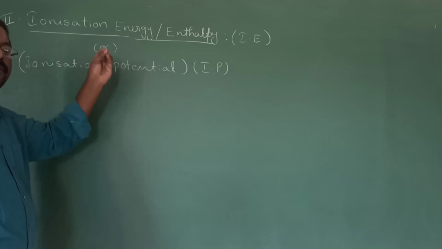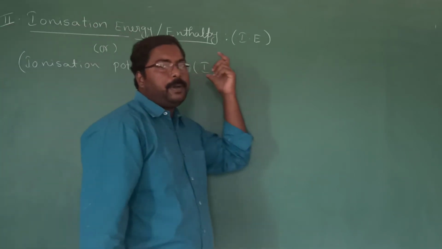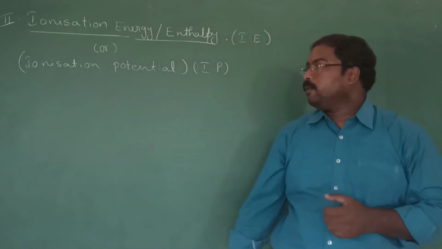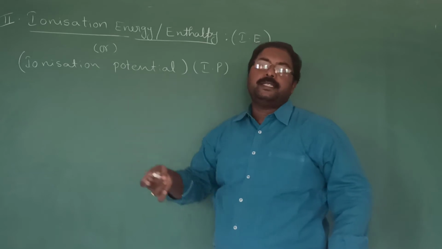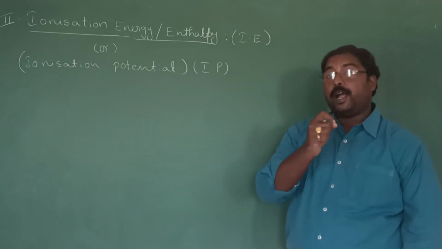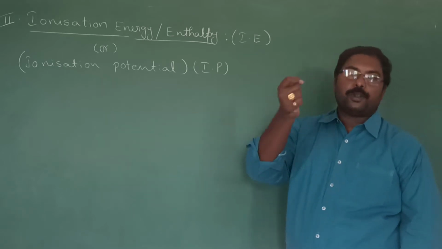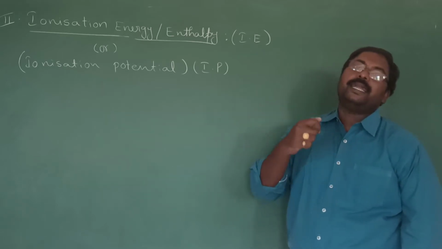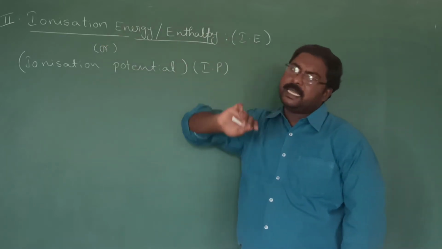In a simple way, we discussed in the atomic structure lesson also. Even from the heading we will come to know. Ionization means what? What is meant by ionization? Generally, we know, in the case of ionization of hydrogen atom we discussed, right? When we remove the electron from the atom, then it gets charged. So that is known as ionization.